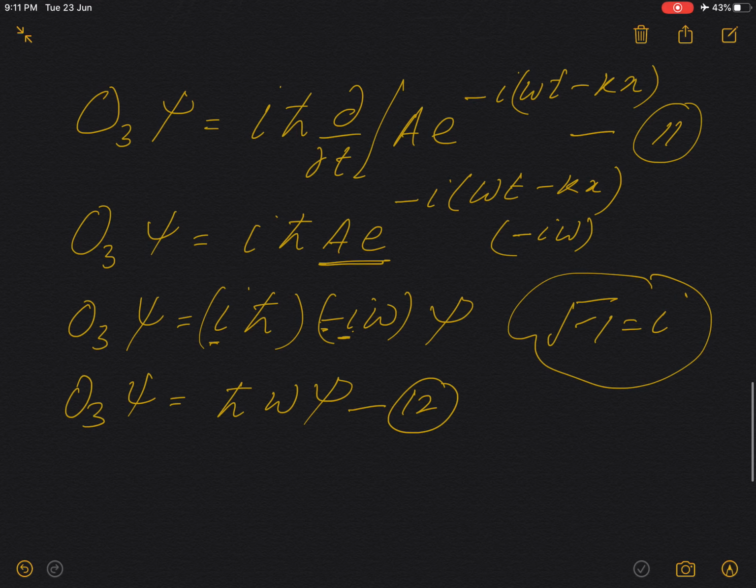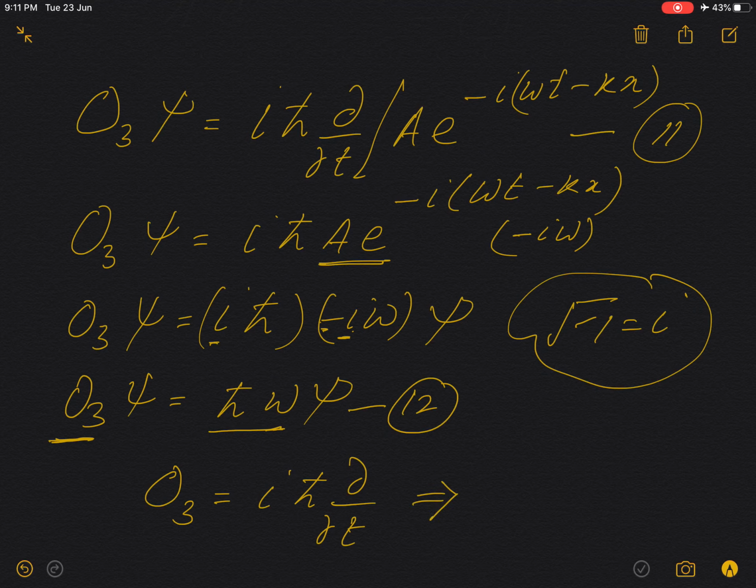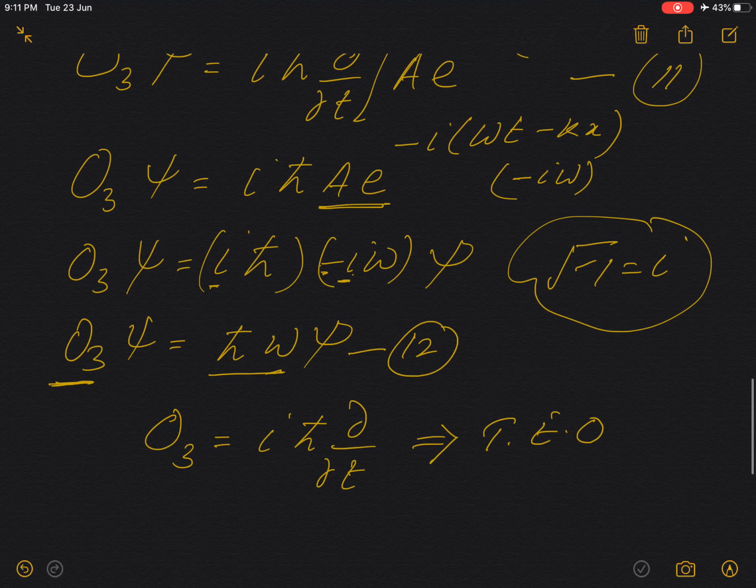This is a very interesting thing here. This is your eigenvalue and this was your operator. If you just remember, O3 was nothing but iħ del by del t, which implies that this is the total energy operator, because I am getting total energy out of this.